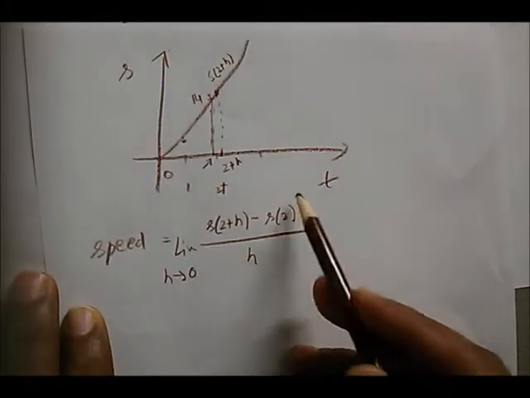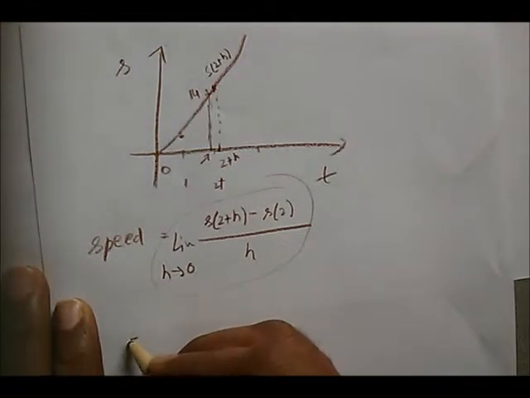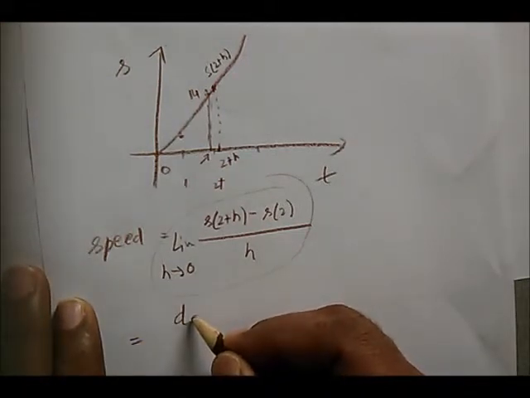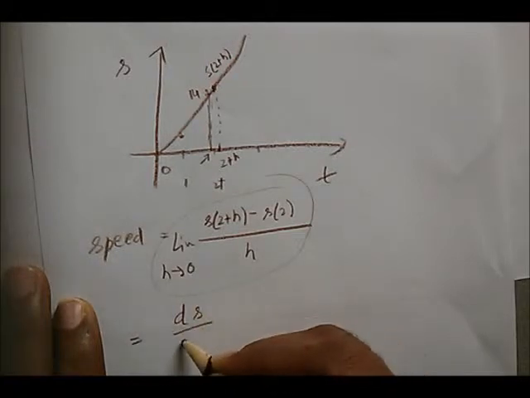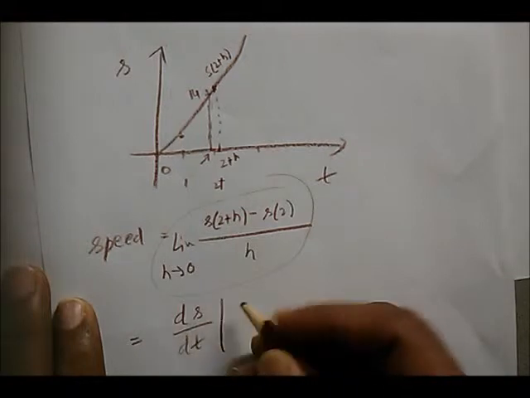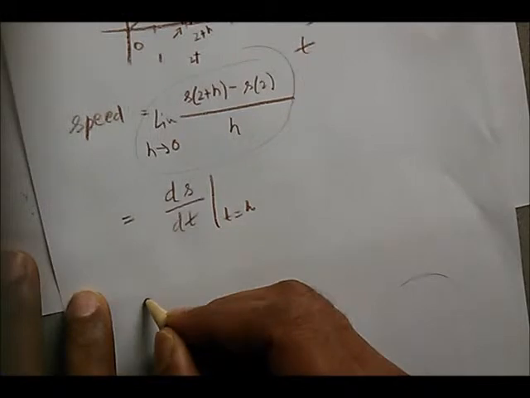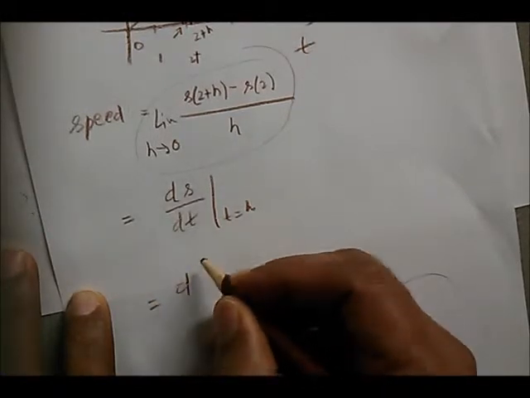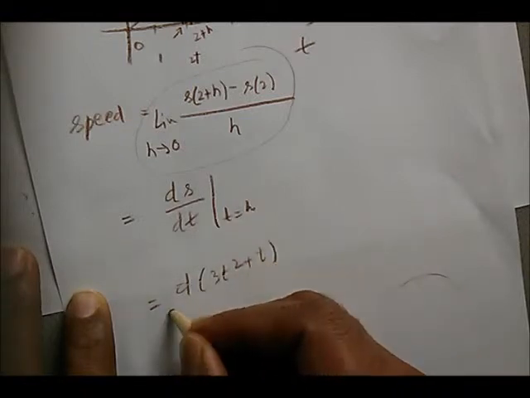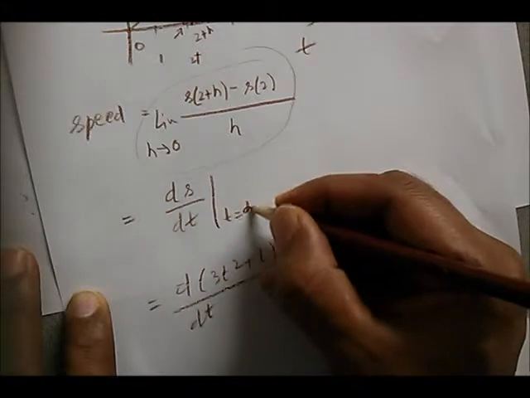And if you recall, this is the definition of the differential. So we can represent this as the derivative of s with respect to the time t at t equal to 2. Now this is the differential of 3t squared plus t with respect to t, and we need to calculate it at t equal to 2.